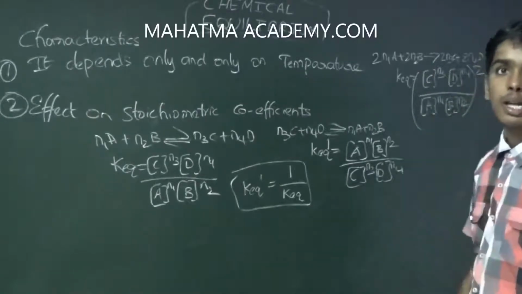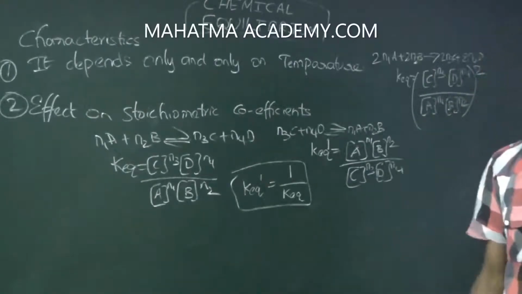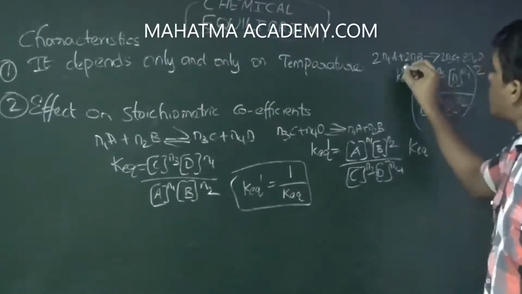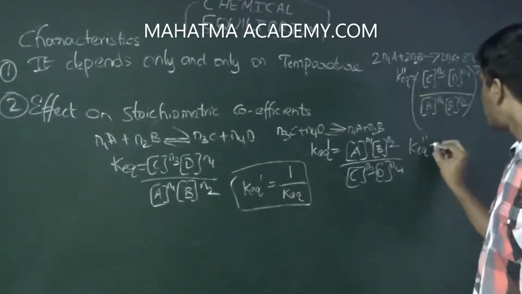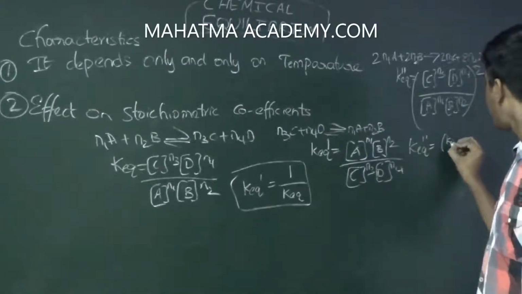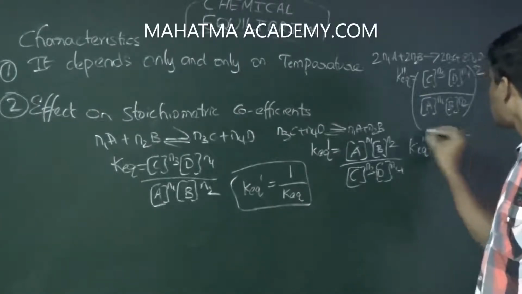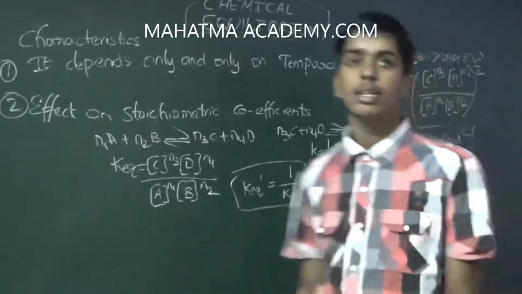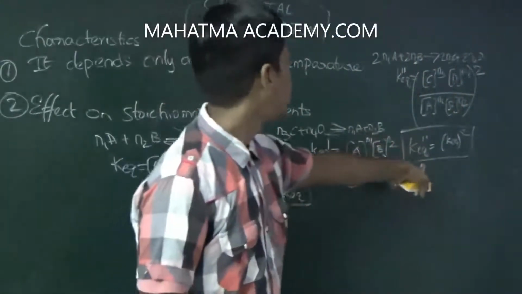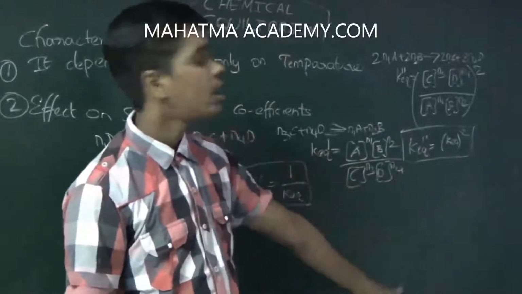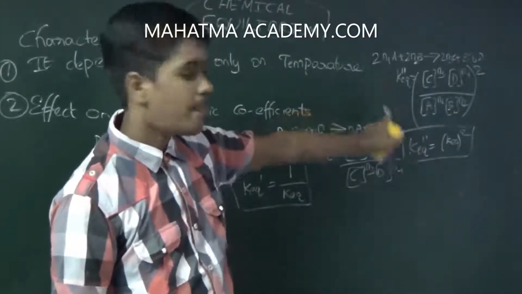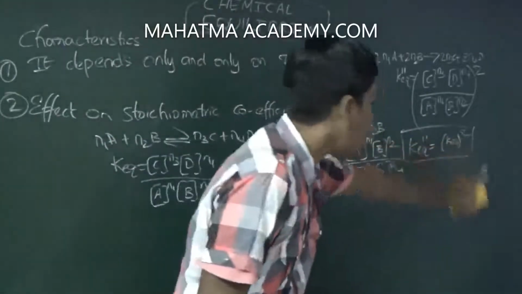Now K'' is equal to K whole square. As you see here, if we multiply the stoichiometric coefficients by any whole number, the equilibrium constant will be raised to that power.